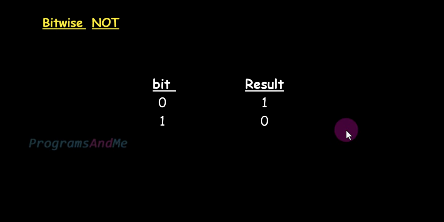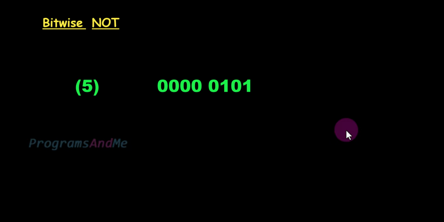The operand must be an integer number, so it can be an integer number or a variable which refers to an integer number, or an expression which results in an integer number. The final result is in decimal number format. For example, here I have 5. If I use the bitwise NOT operator on 5 like this, it will flip every bit of the binary representation of 5.